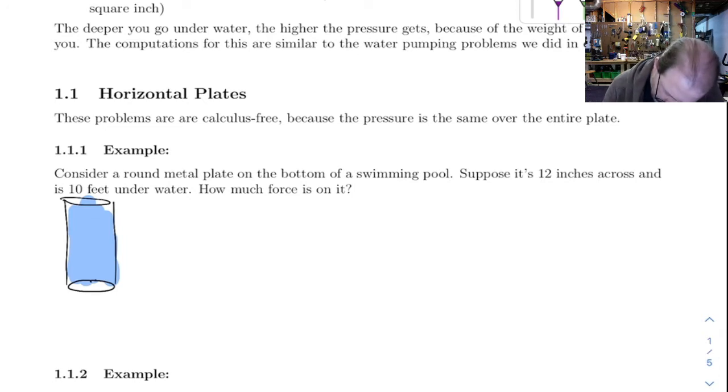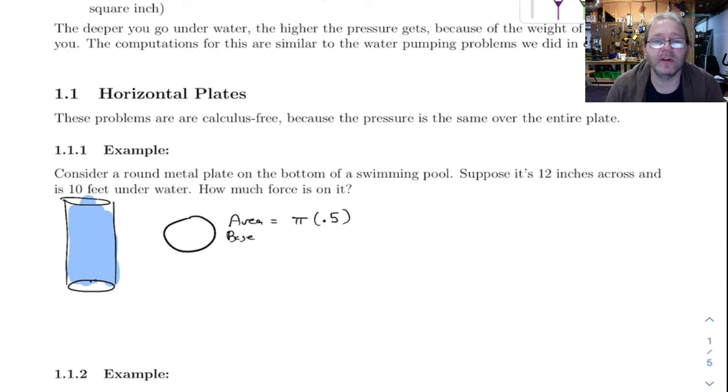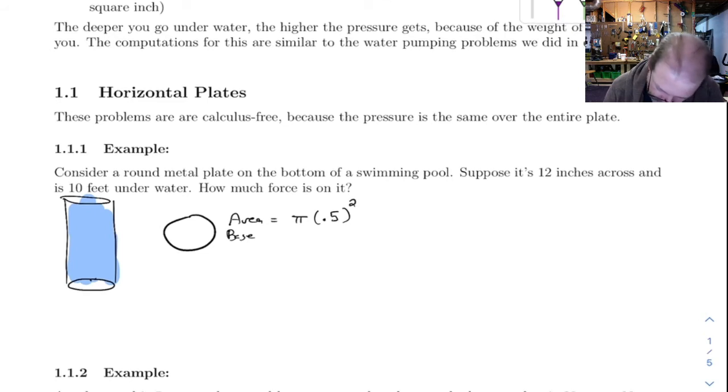Let's see, if it's 12 inches across, the area of the base is going to be pi times the radius squared. Now it's 12 inches across, so that means that its radius is half of a foot. So we get pi times 1/2 squared.